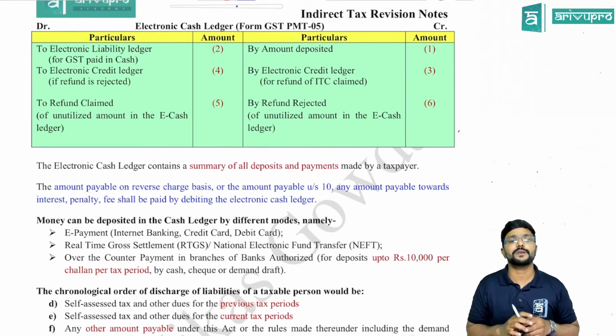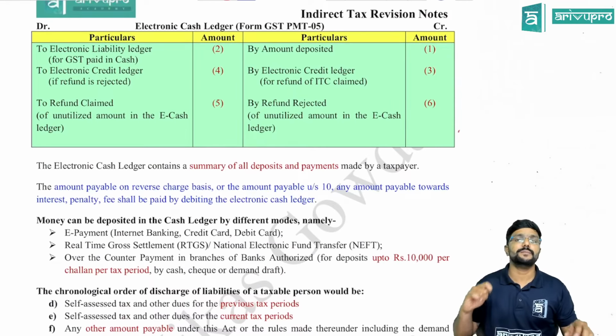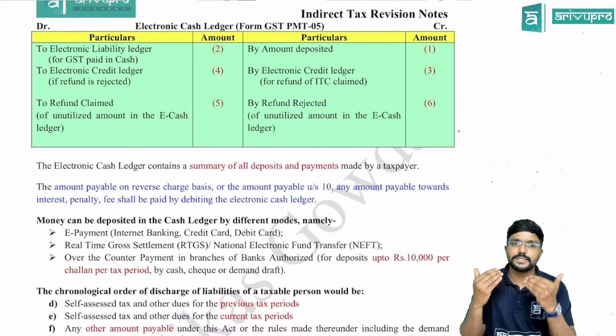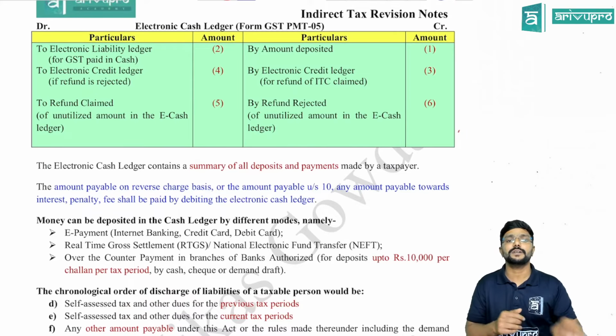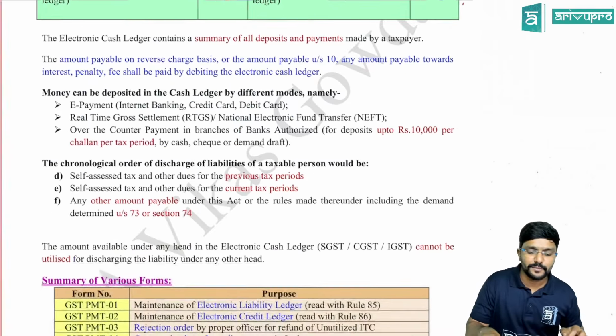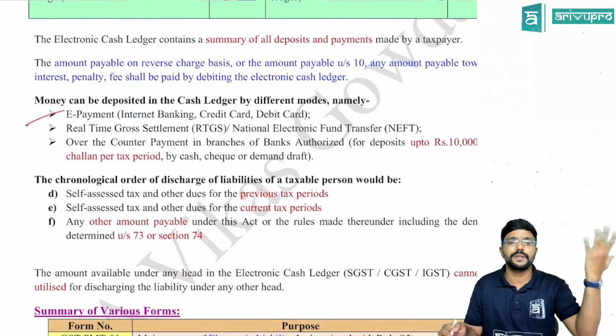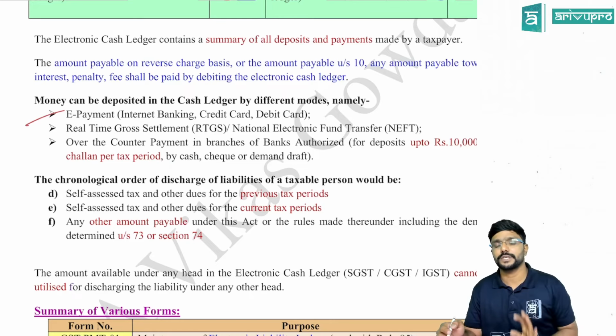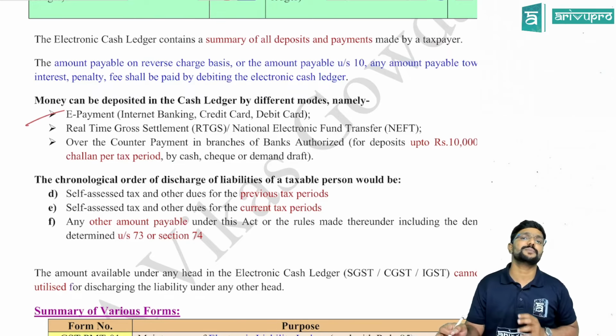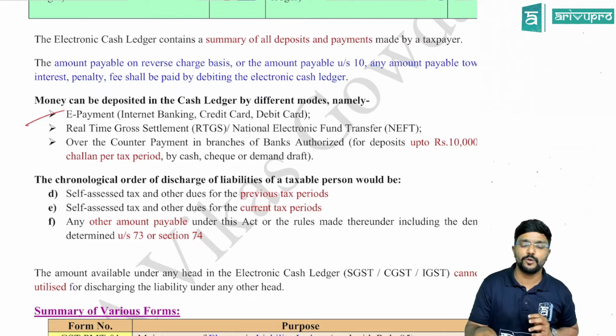Then coming to the electronic cash ledger, which is maintained in PMT-05. Whenever the amount is deposited into the cash ledger, it can be in any of these forms, that is e-payment through internet banking, credit card, debit card, or NEFT, RTGS, or over the counter, but up to 10,000 per challan per tax period can be maximum deposited over the counter.